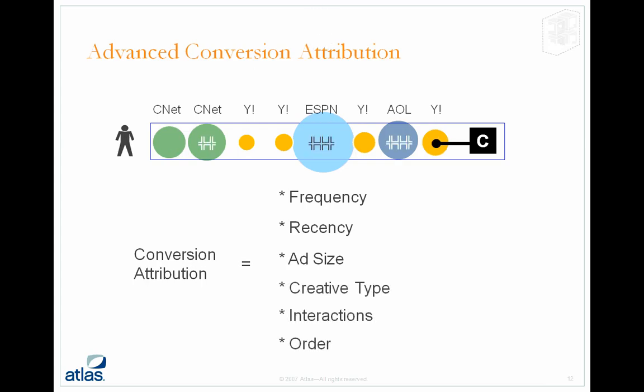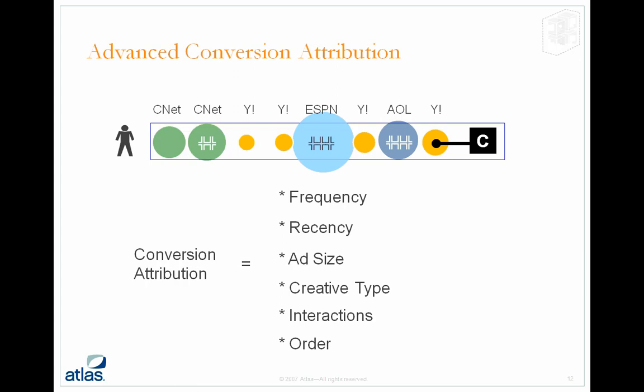There are a bunch of other things that are being taken into account right now. The type of creative, so whether something was rich media or video. For those of you out there who work with video, a video impression isn't probably the same as a 468 by 60 banner. And so our conversion attribution methodology should take into account the quality of those kinds of marketing messages.